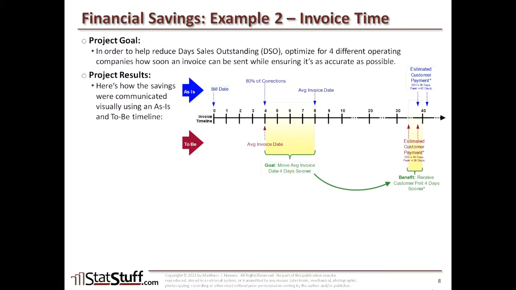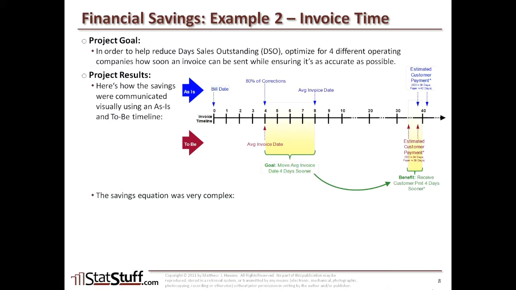Under the new optimized invoicing time we found, we're able to invoice sooner, and getting our money sooner equated to getting payment between 34 and 38 days from the bill date. That's at least 4 days faster in getting our cash, and it makes a big difference when you're talking about millions of dollars.